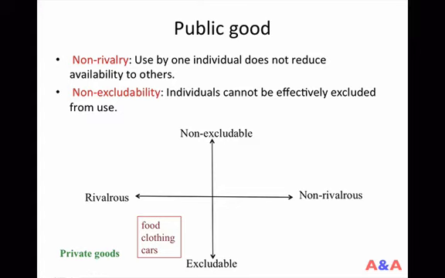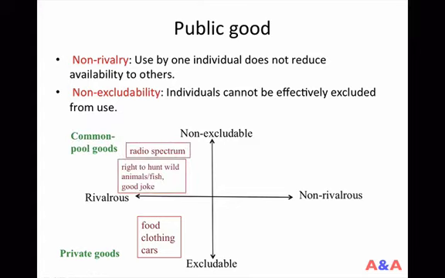Now, some goods are rivalrous but not excludable. Think of radio spectrum. Two persons cannot use the same radio spectrum at the same time, so it is rivalrous. But at the same time, it is hard to exclude other people from using it. Another example is a good joke.